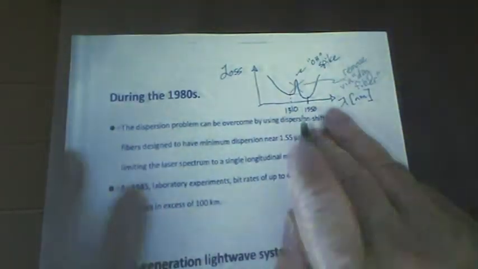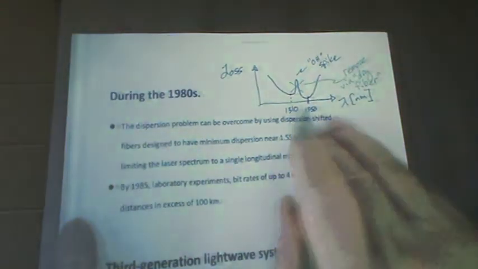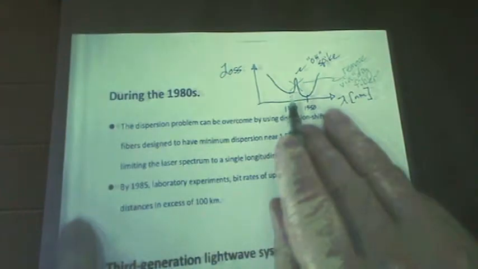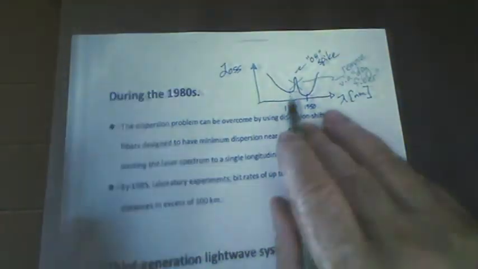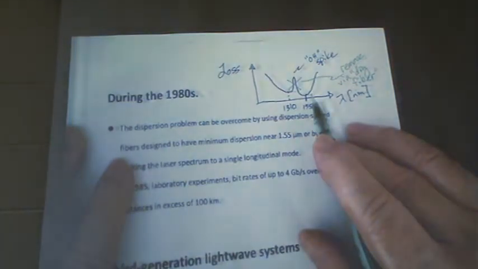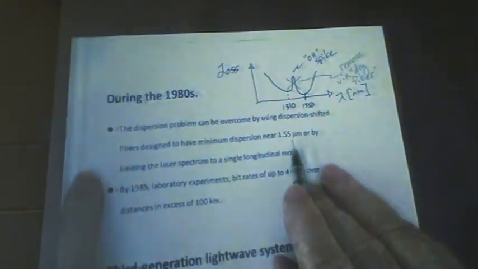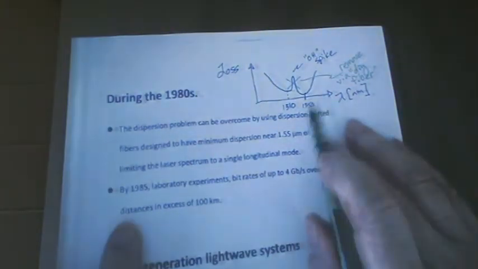So people wanted to shift to 1550 nanometers because it had lower loss. But the dispersion for conventional fiber had 0 dispersion wavelength over here. So they came up with that curve that you saw of the dispersion shifted fiber, right? To have their minimal dispersion near this lower loss. And so then everybody moved over to 1550.